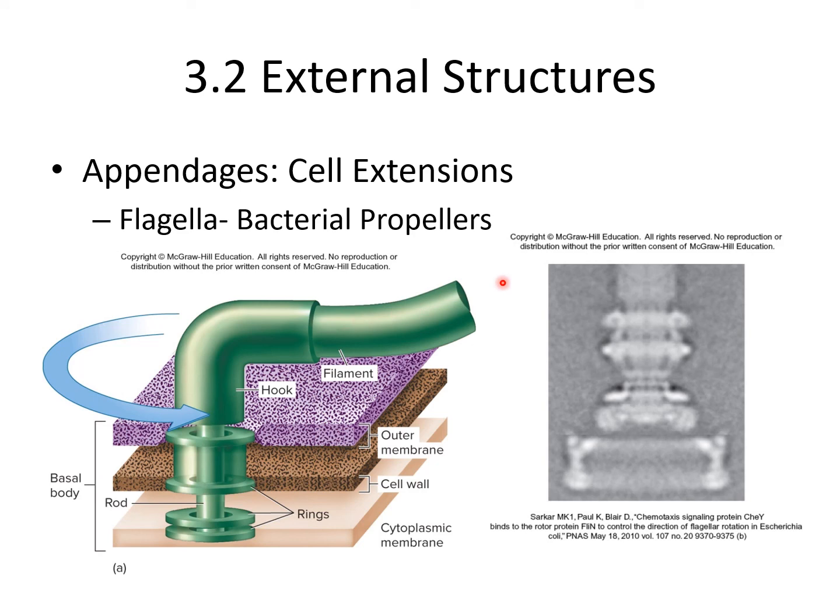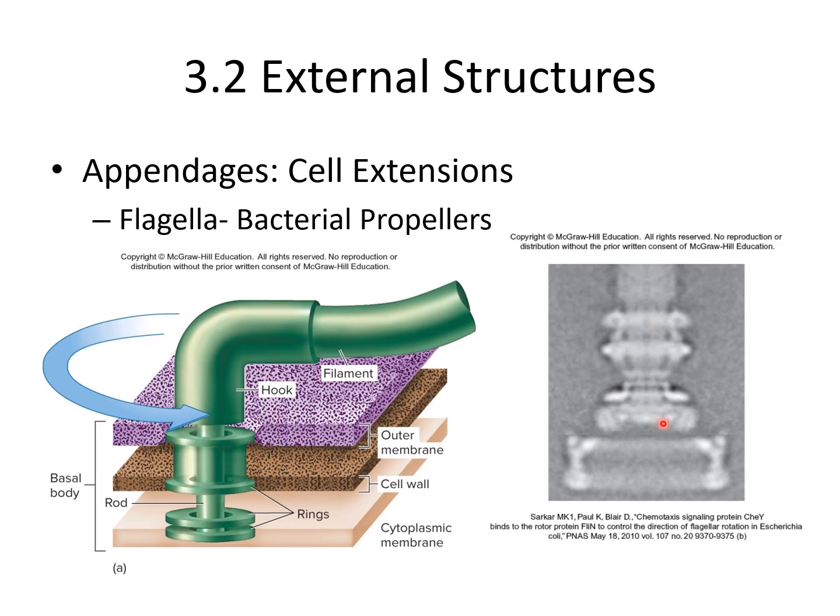It is a series of proteins polymerized together. Generally, the flagella is going to be much longer than the cell itself. Then the hook, and then the basal body. The basal body will be embedded from the cytoplasmic membrane through the cell wall and an outer membrane if it's a gram negative, or capsule or anything if it's a gram positive.